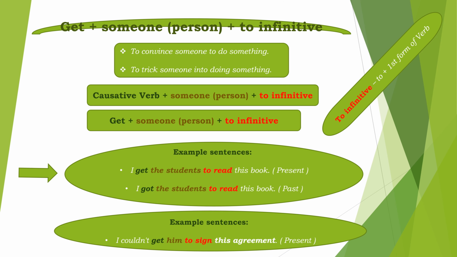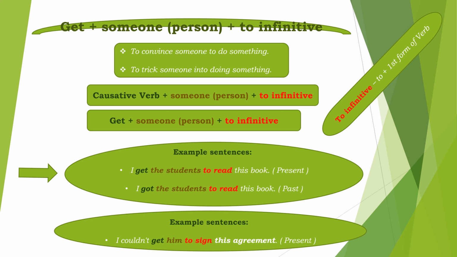In the first box, we have sentences which go according to the second definition of this causative verb get. That means to trick someone into doing something. I get the students to read this book. Think of the book which is not interesting.